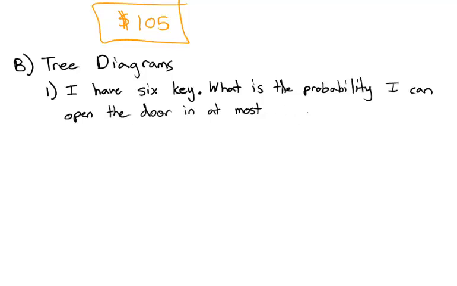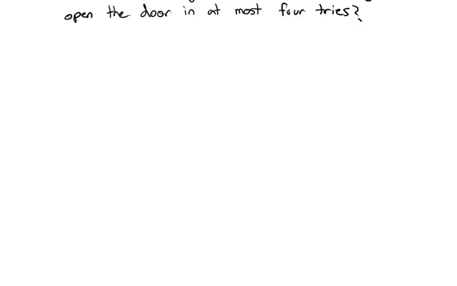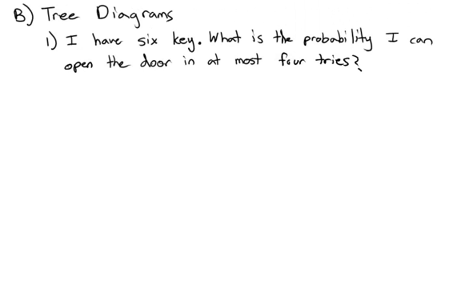Whoops, nope, there's 6 keys. Let's go 4 tries. And this is not going to be your classic tree diagram in the sense that every branch is symmetrical. Because once I get into the house, I'm going to stop trying keys.